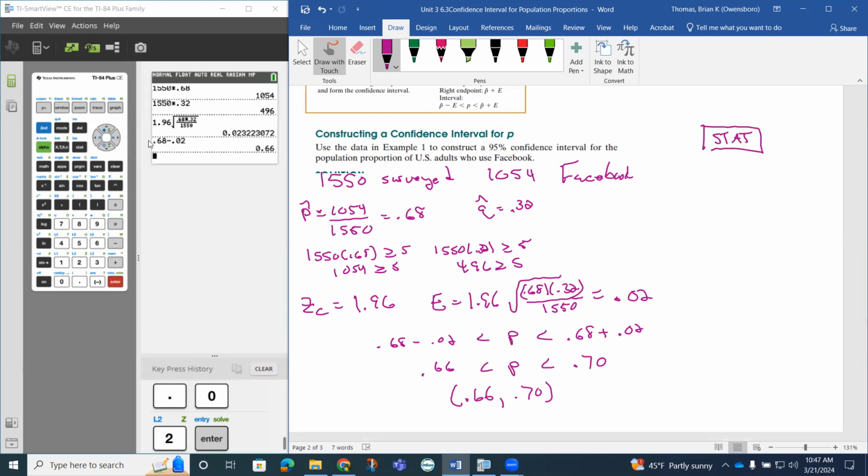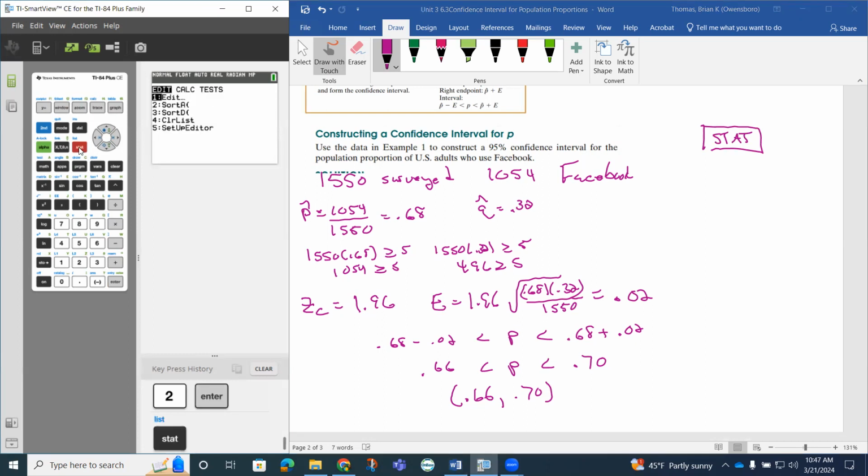If we hit the stat button and then slide over to test, and then here we do the z interval.